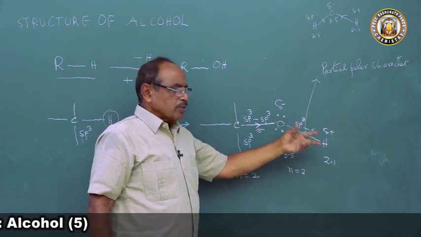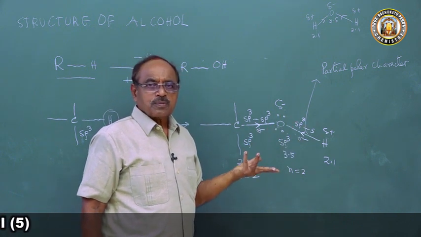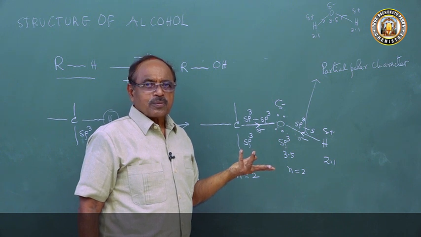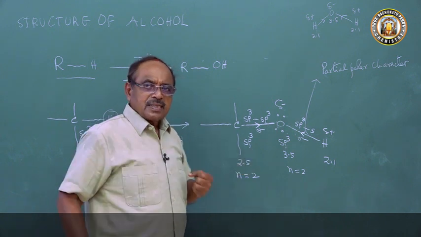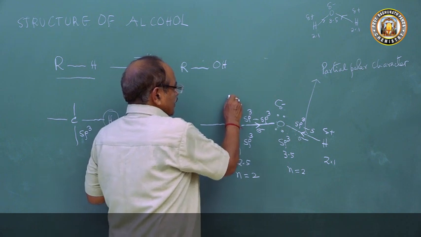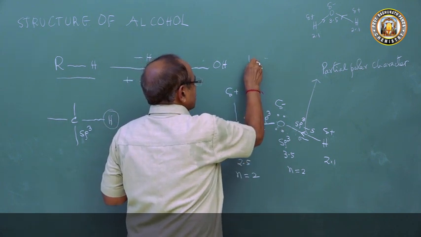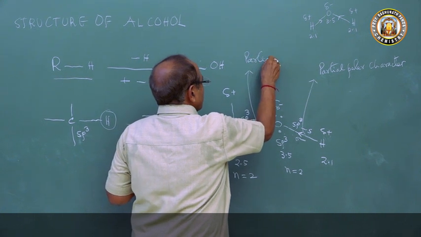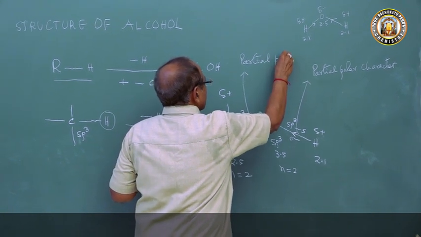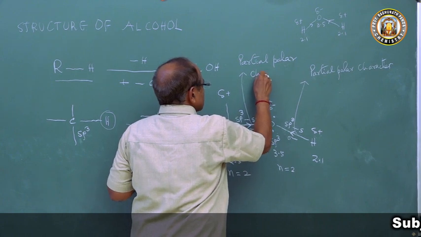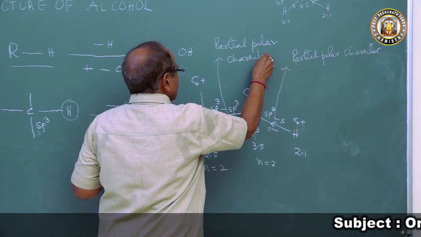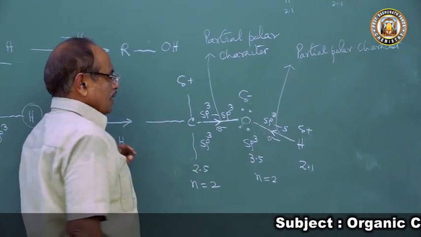What is the OH group? The OH group is an electron attracting group, so it will pull the electrons towards it. Hence, this carbon atom will have a delta positive charge, and this CO bond has partial polar character.